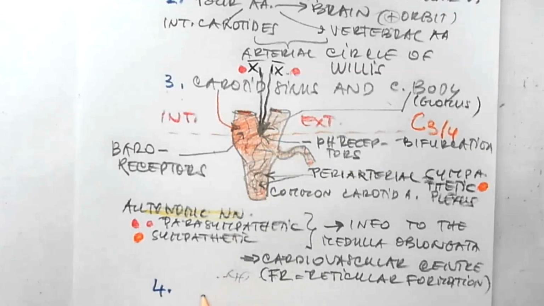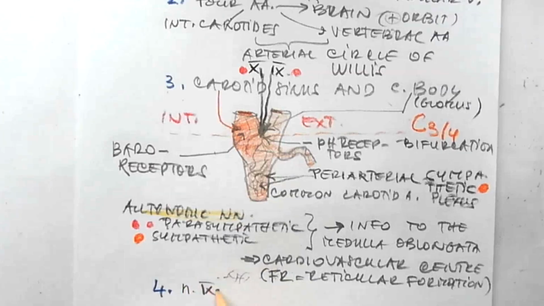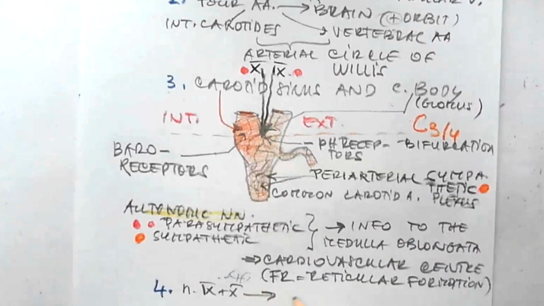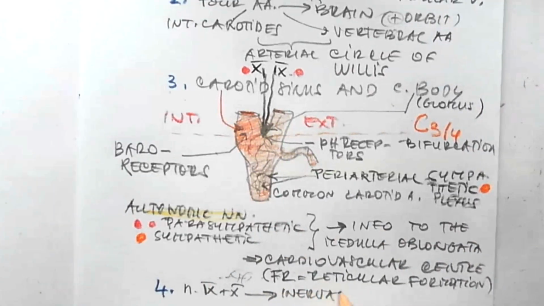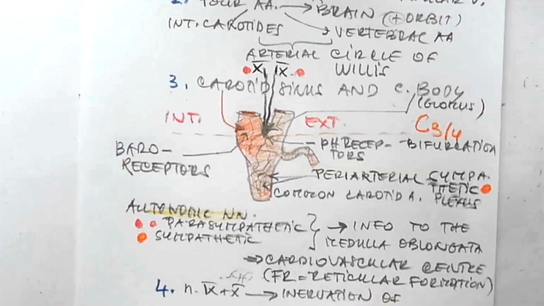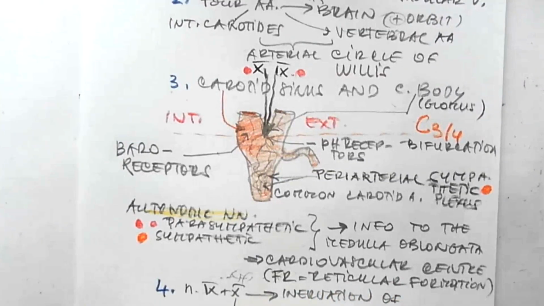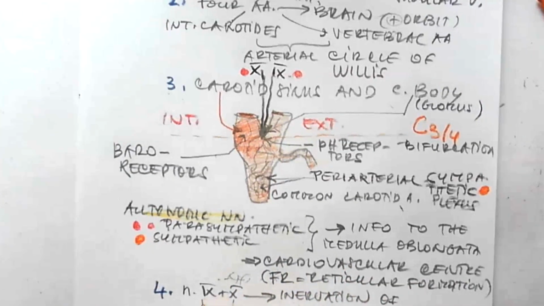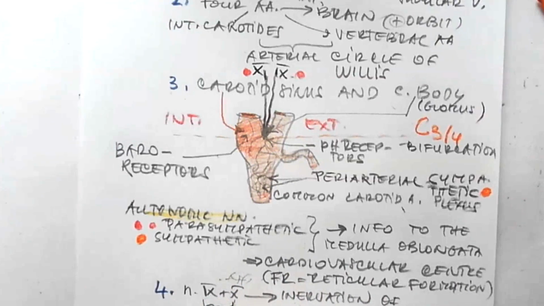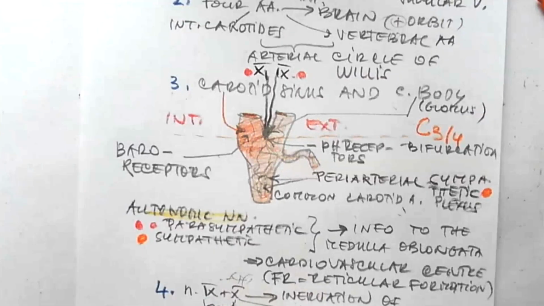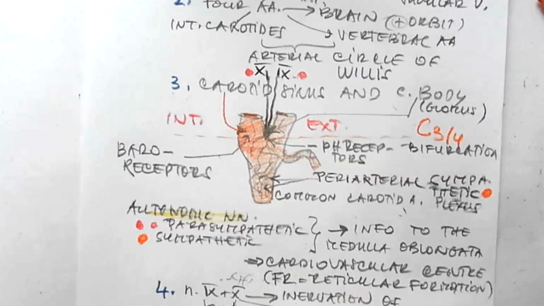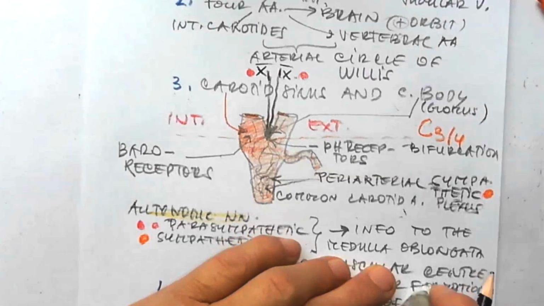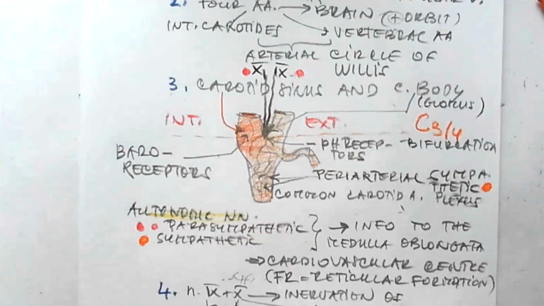Very important are the nerves number 9 and 10, which are also found here in this sinus, but they innervate also the pharynx, both of them, and vagus also the larynx, plus nerve number 11, because also 11 sends the internal branch to the larynx.